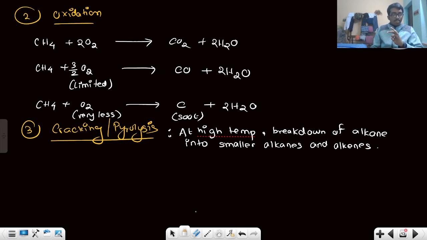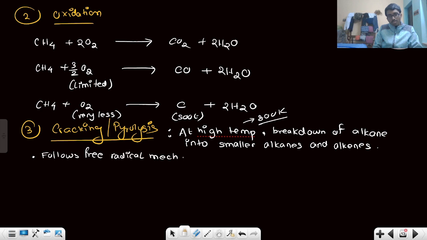The high temperature is nearly 800-900 Kelvin, so you can understand it's very high. Around 800 Kelvin you take. So let me give you one example only, because this reaction is generally not asked. That's another thing, let me tell you first: this reaction also follows free radical mechanism.